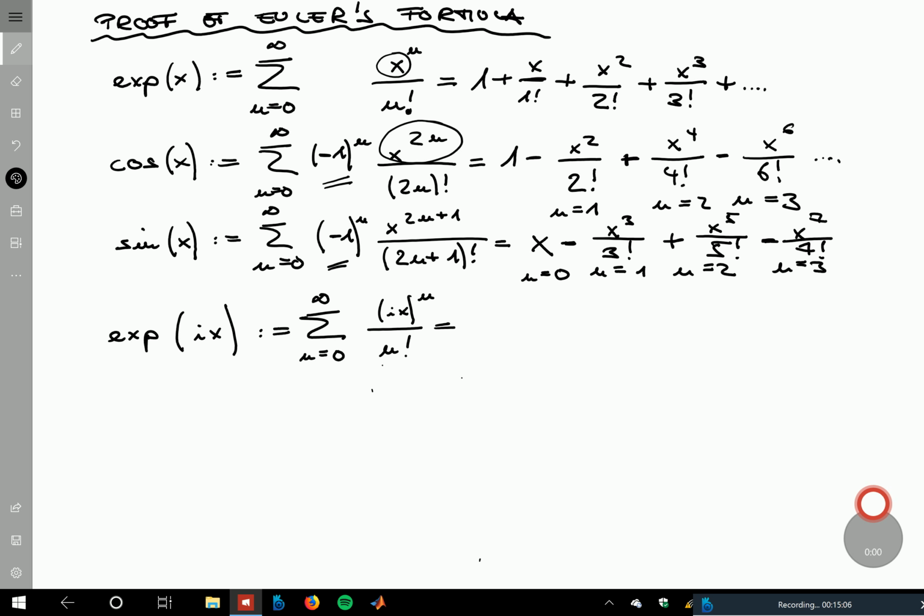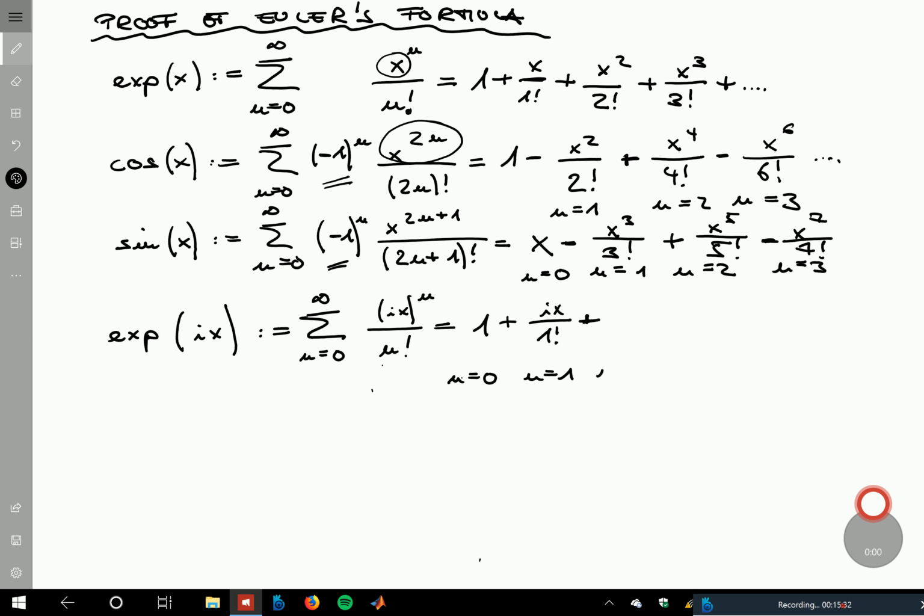Factorial of 0 is defined as 1, so we get 1 divided by 1, which is 1, so that's the n equals 0 term. Then the n equals 1 term is ix to the power of 1 divided by factorial of 1, which is also 1, so we get ix divided by 1, but we can also just write ix.